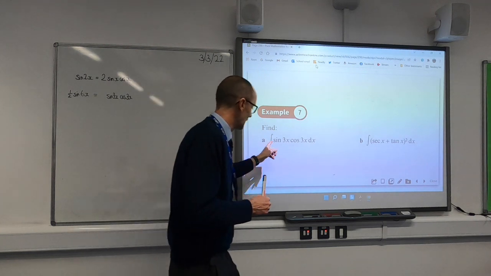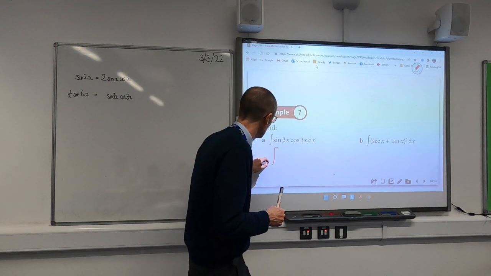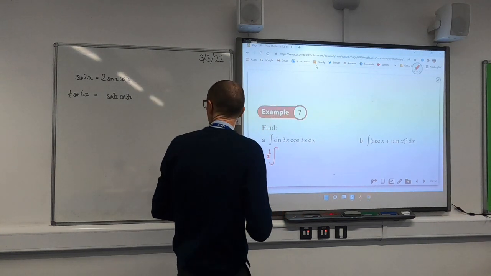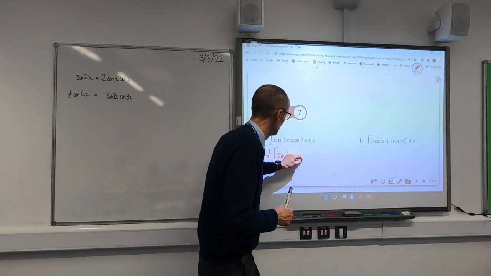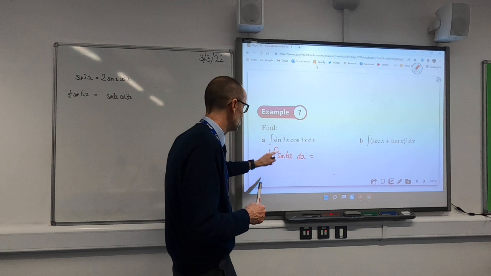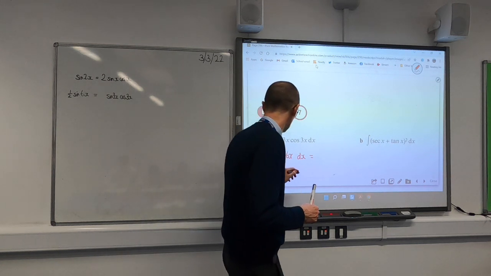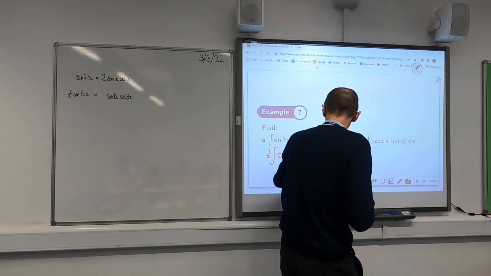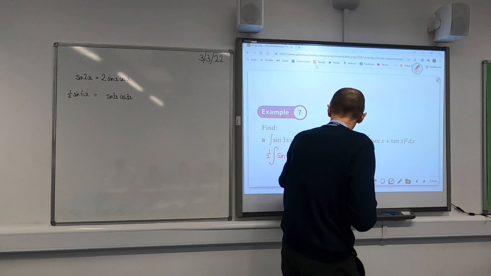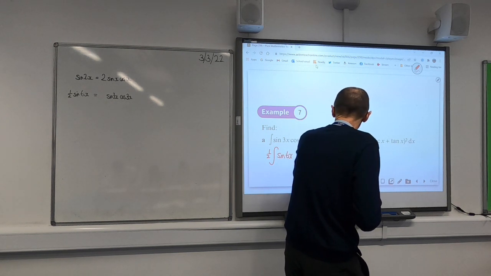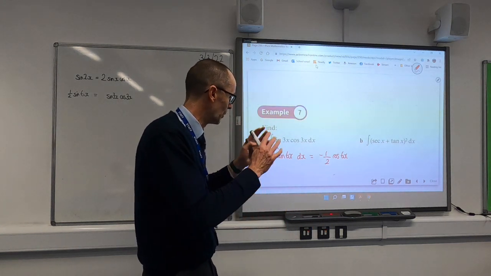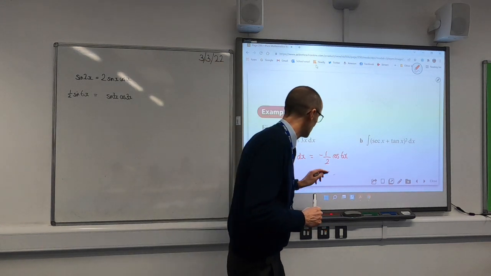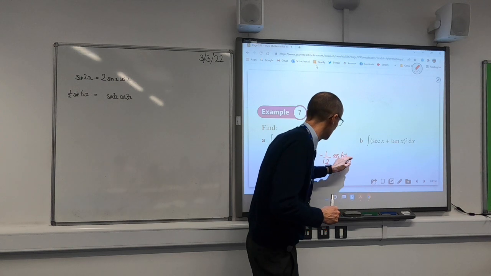So integrating that is the same as integrating a half. Sine becomes minus cos. We've got the half as well. But then you've got to divide by what you get when you differentiate the bracket. So I'm going to divide by 6 as well.